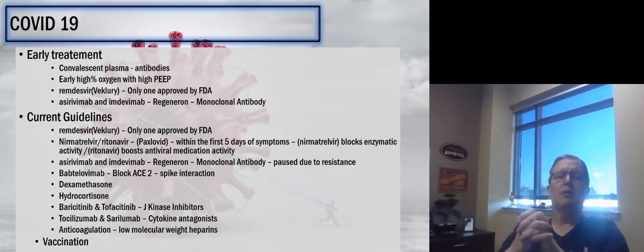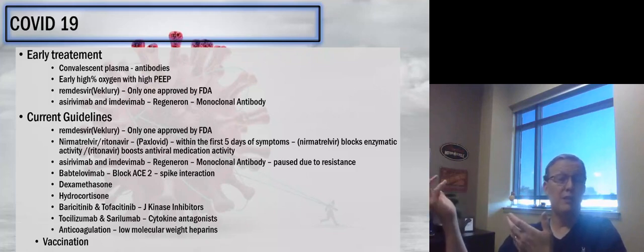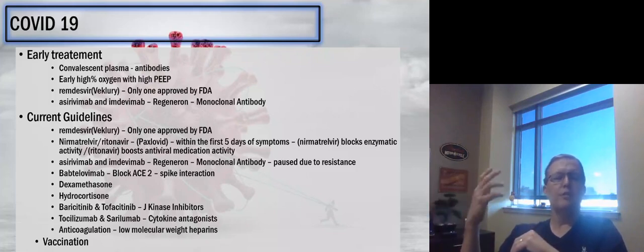Then again, the monoclonal antibodies: currently some of the studies are paused because some patients have developed resistance, the virus has developed resistance. This is where, as I mentioned earlier, you've got mutations that lead to strains. So some of the newer strains are resistant.